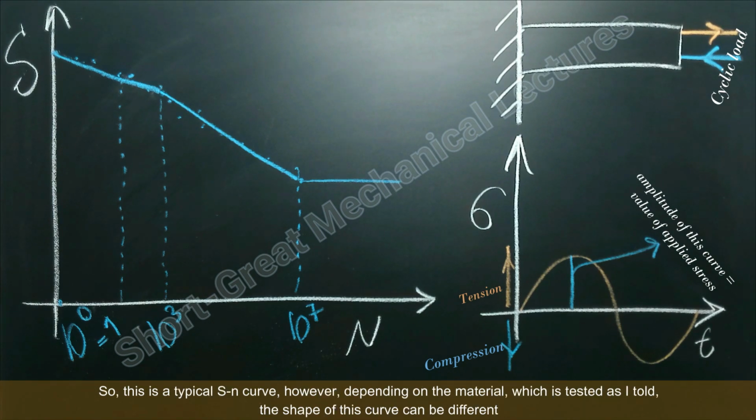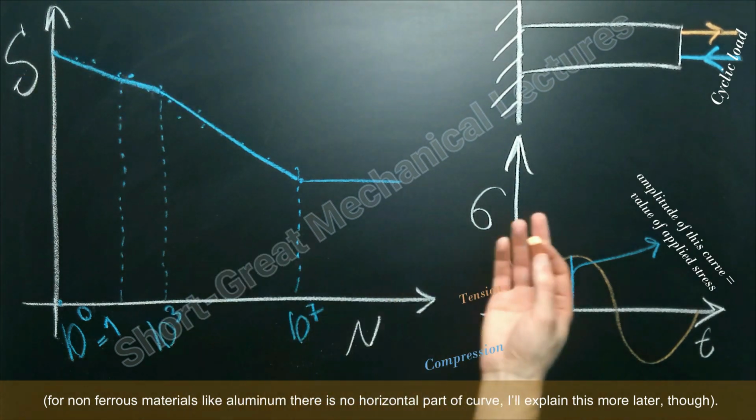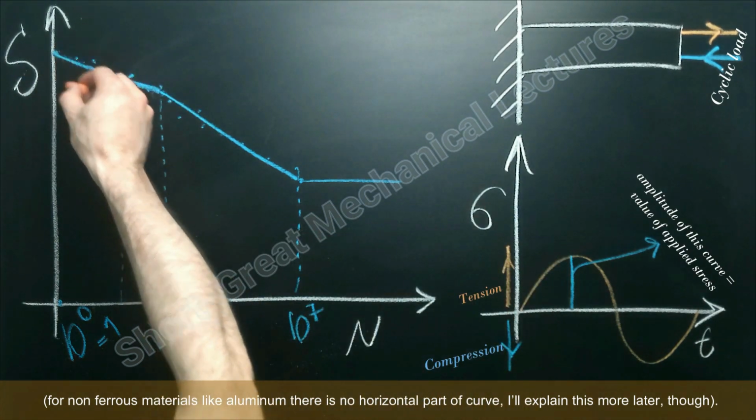So this is a typical SN curve. However, depending on the material which is tested, as I told, the shape of this curve can be different. For non-ferrous materials like aluminum, there is no horizontal part of the curve. I'll explain this more later.